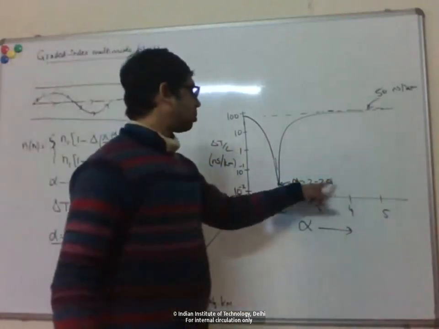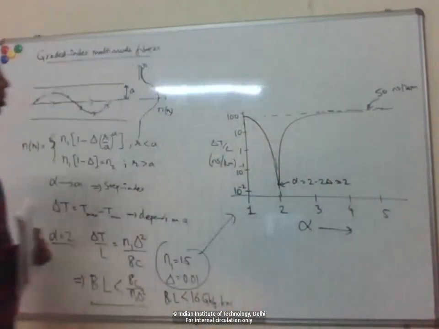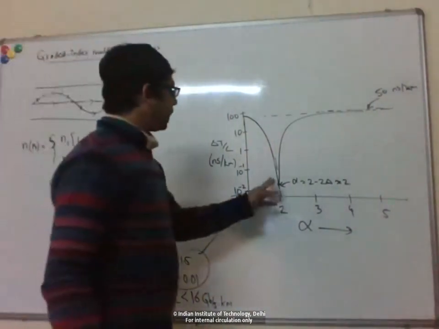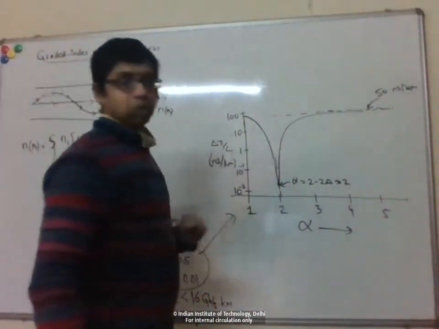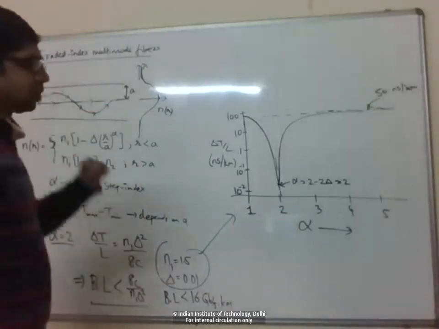But delta is anyway much smaller than 1, so this roughly occurs at alpha equal to 2. Then it sharply rises as you go away from 2. So it turns out that the optimum profile to minimize dispersion is also a square law profile.